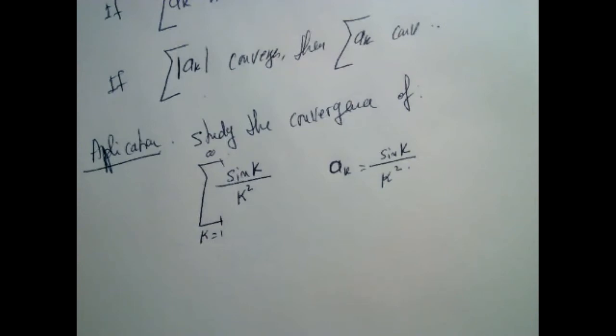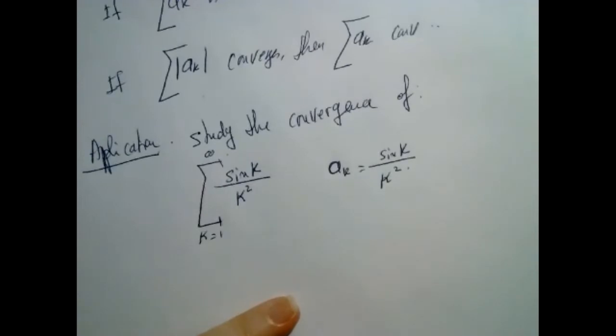Question number one, is it a series with positive terms? Yes. Are you sure? Why? Well, k can't be a negative number, but I don't really think that would even do anything.